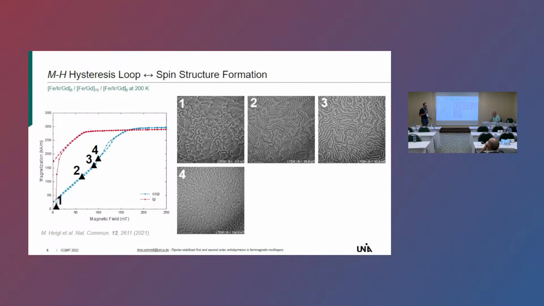Because our bubbles are not topologically protected, they are also not that stable against a magnetic field, so another increase lets them vanish almost completely. And only the anti-Skyrmions and Skyrmions remain.